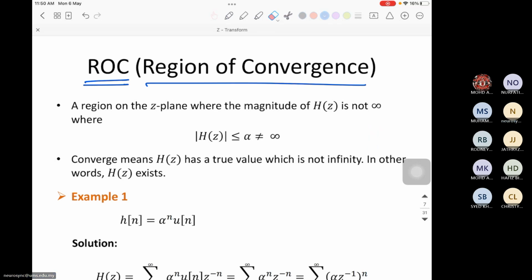If x(n) z^{-n} is not converging anywhere in the z plane, then we will say that this X(z) does not exist.